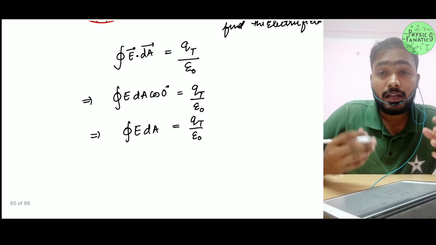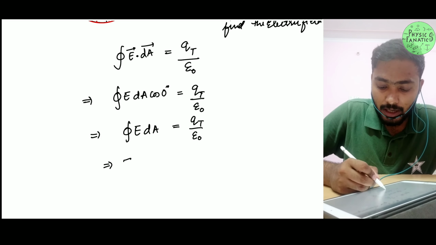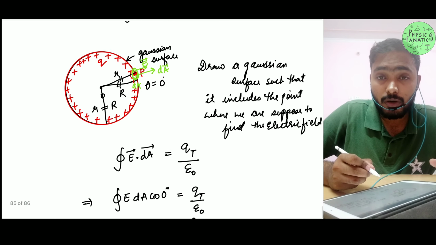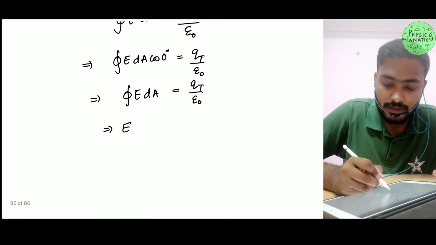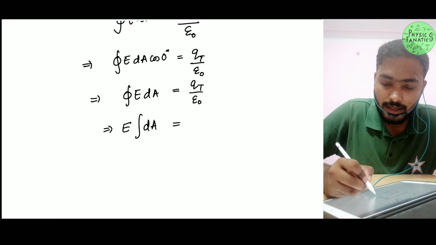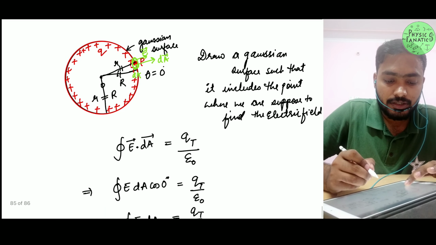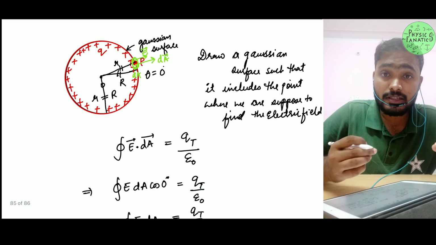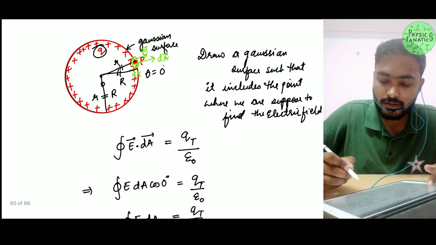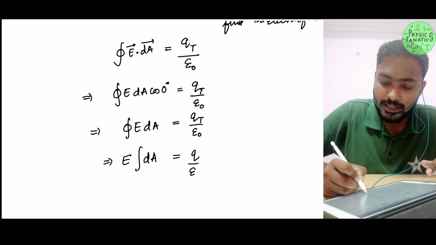So basically your electric field will come out, because the electric field is constant throughout, and this will be the integral of dA. The net charge that is inside is actually Q. You guys can see Q is the net charge, so I can write Q upon epsilon naught.